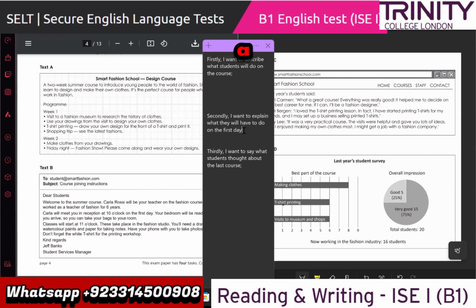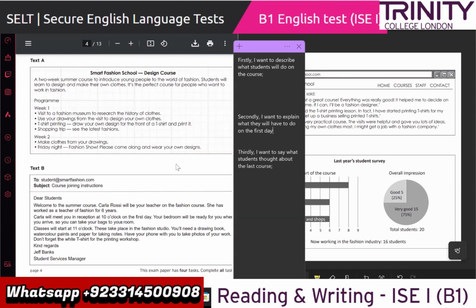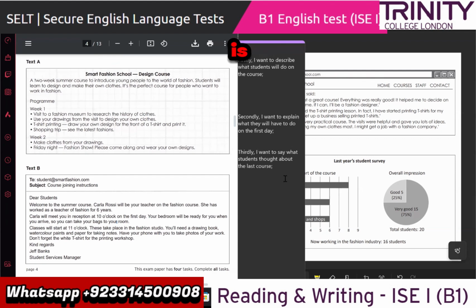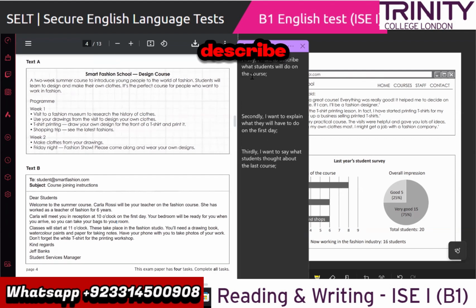You know that a task is given to you, you need to find the information from it. Write it on your notebook. First point is, firstly, I want to describe what students will do on the course.